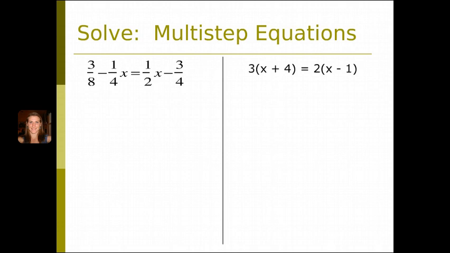Are all of our like variables on the same side of the equal sign? Now we've got something to do. Our like variables are on opposite sides of the equal sign. Therefore, we need to go ahead and get those on the same side. The easiest way to get these on the same side would be to add 1/4 x to both sides.